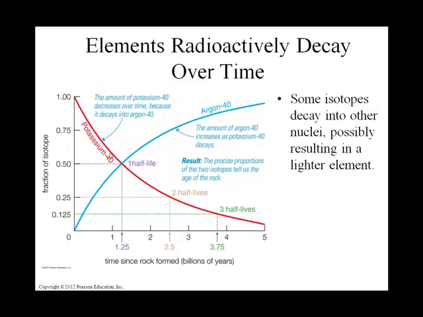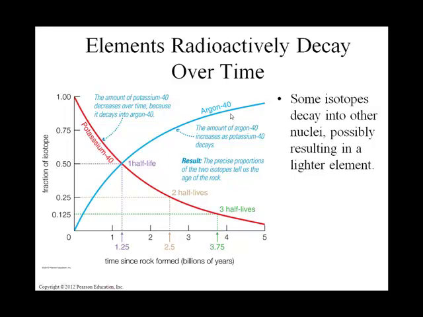So about half of it will be used up in 1.25 billion years. Then half of that half will be used up in another 1.25 billion years, or 2.5 billion years total. Then you add on another half-life of 1.25 billion years and you get up to 3.75 billion years. See how that works? All the time the potassium is decaying, the argon is increasing.